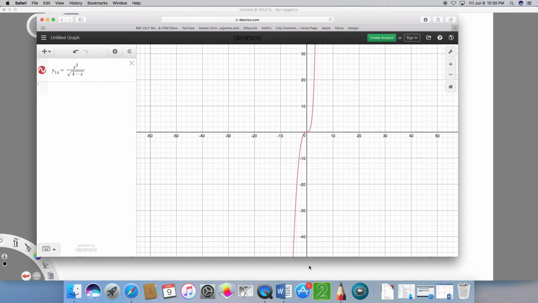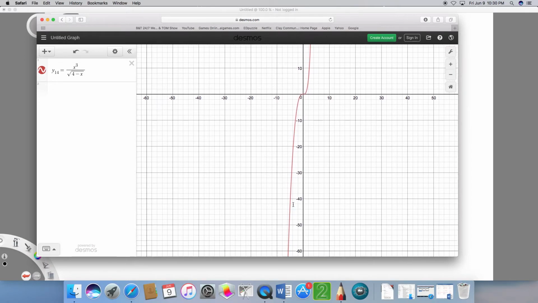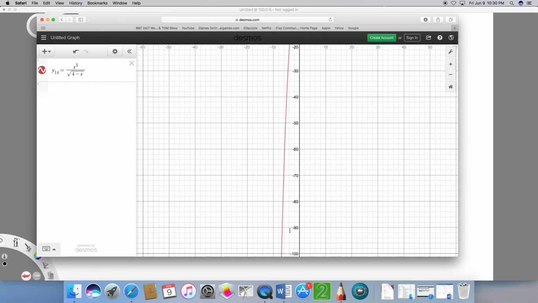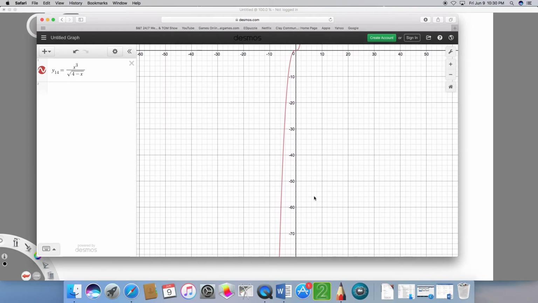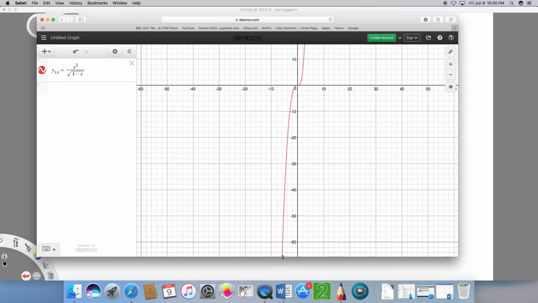Yes, if we start down here, we know that once you begin to look down here, that's just heading all the way down to negative infinity. So starting here on the left, as I come up through the graph, I'm coming from negative infinity. I'm not having to jump any holes. I don't see any jumps in the graph.